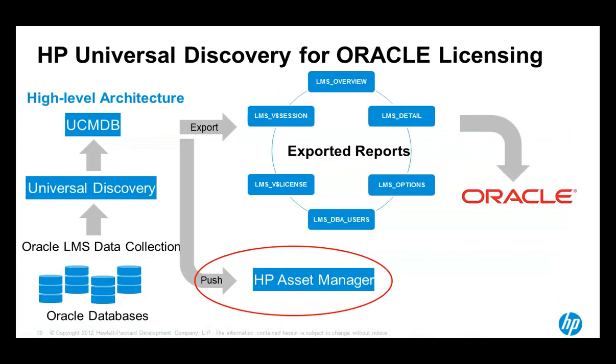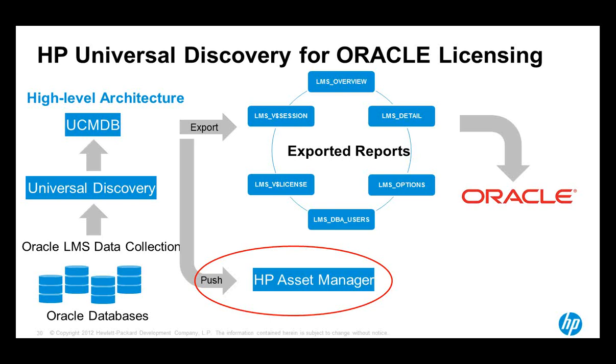So let's have a focus now on Oracle, and I'm going to do a brief demo. So Oracle, let's take this use case. We have a use case where the Oracle databases that you see on the top left are discovered by Universal Discovery. So Universal Discovery will basically send the queries to the servers that are the queries that Oracle gave us. So we worked with Oracle to build a series of queries that will retrieve the inventory data.